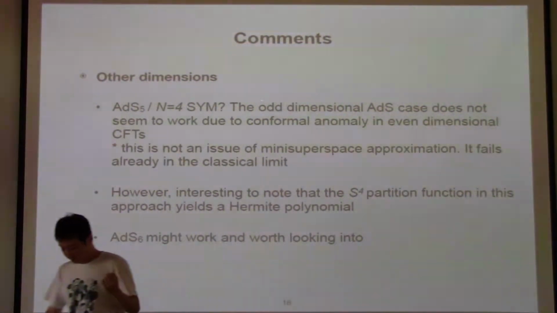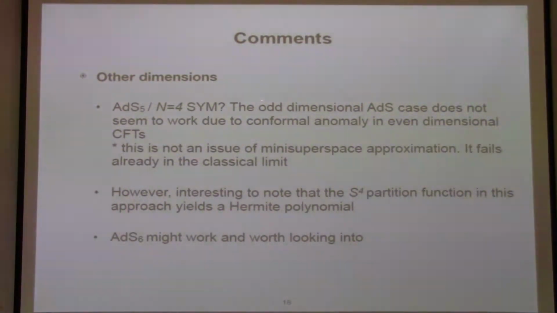So in odd-dimensional AdS, or even-dimensional conformal field theory, you have conformal anomalies, and we believe that this anomaly will give you some ambiguity of the choice of cutoff, and that's the reason why this method does not work for the odd-dimensional AdS case. So it has nothing to do with the minisuperspace approximation. It just doesn't work.